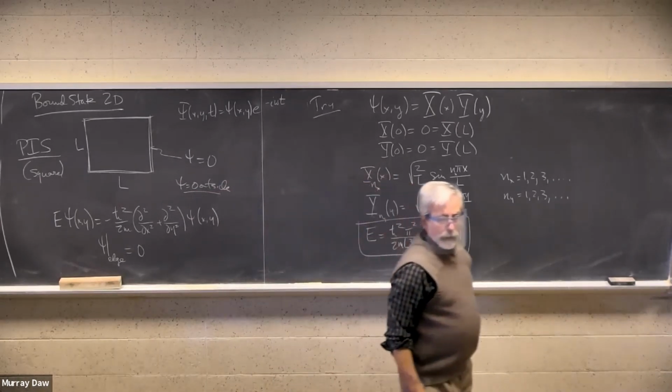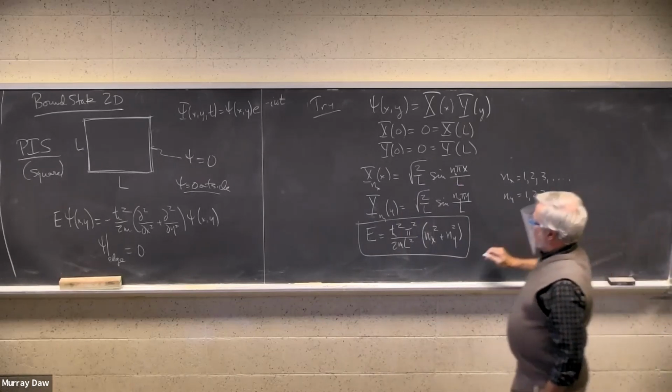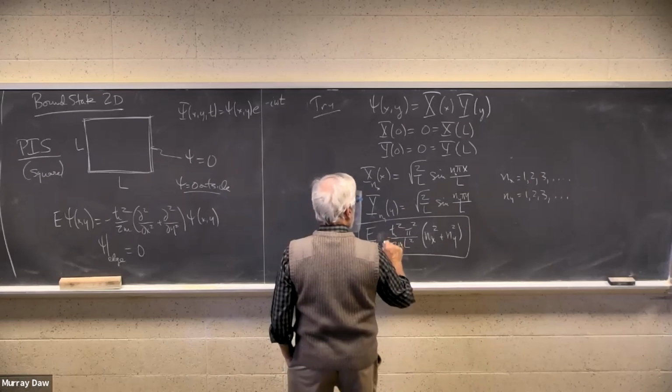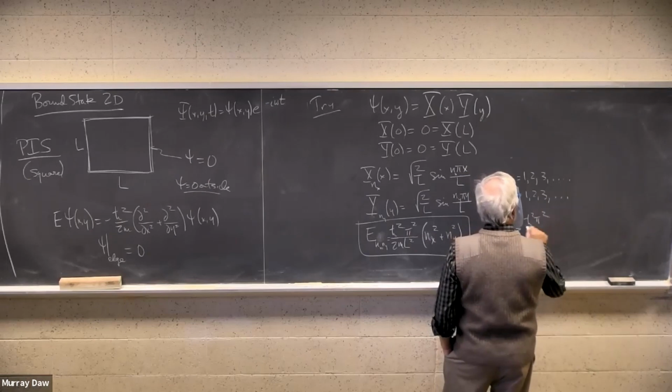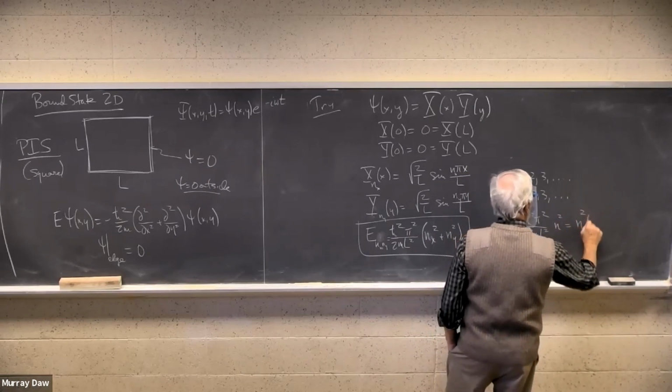Remember what it was in 1 dimension? It had one number, n. And this energy depends on those two integers. We had E_n was h bar squared pi squared over 2m L squared times n squared, or n squared times E_1.